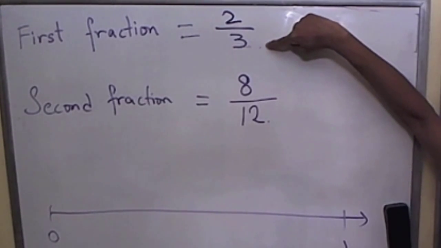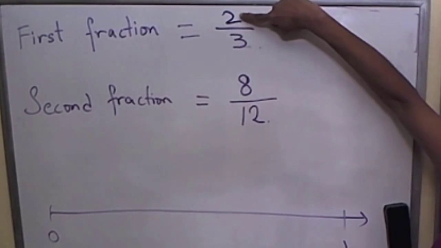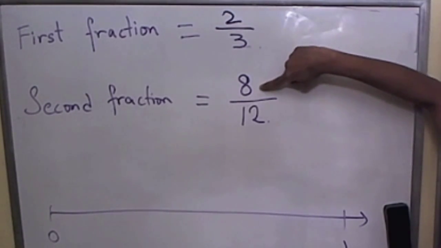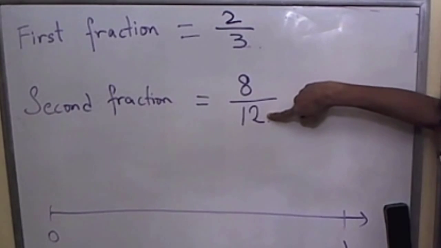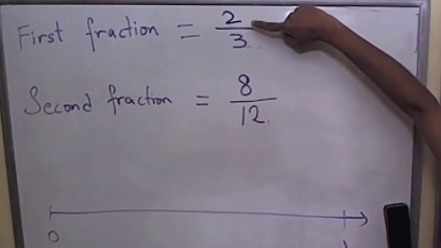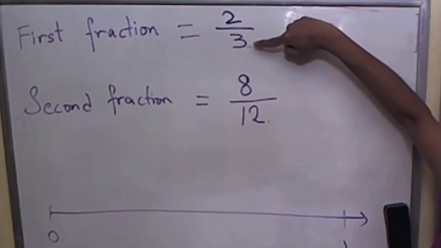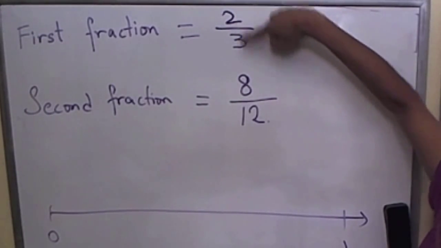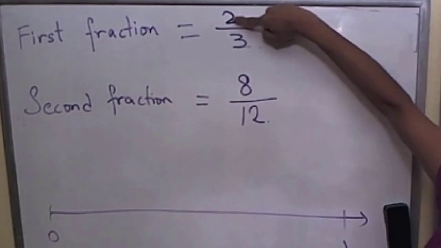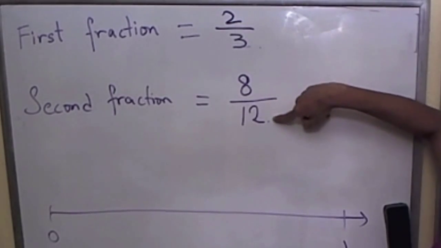Can you guess which number that might be? Let's look at 2. What did I multiply 2 by to get 8? 4. And I did the same thing: I took 3 and multiplied 3 by 4 to get 12. So I multiplied both the numerator and the denominator of the first fraction by 4 to create my new fraction. 2 times 4 is 8, 3 times 4 is 12.